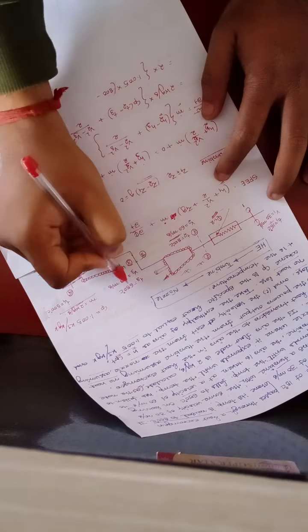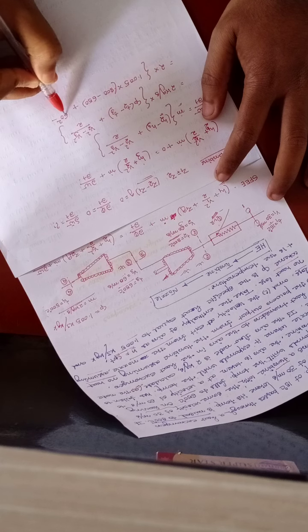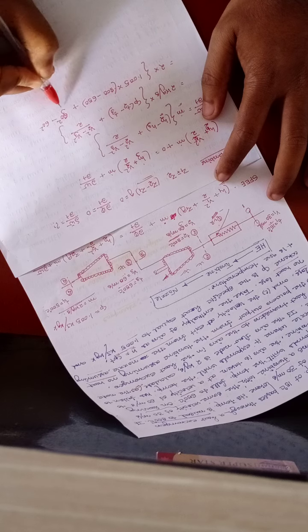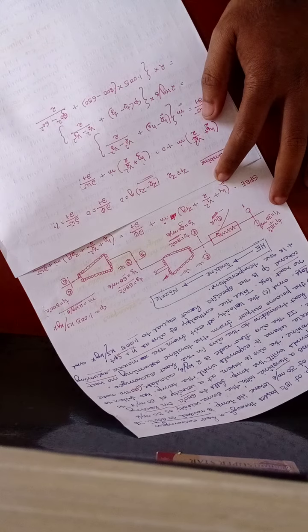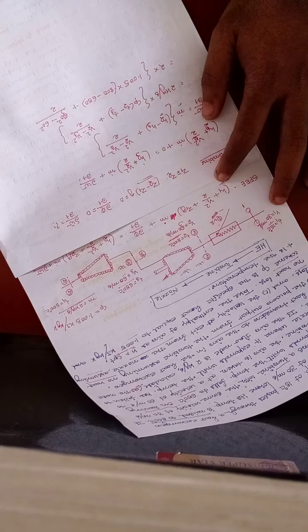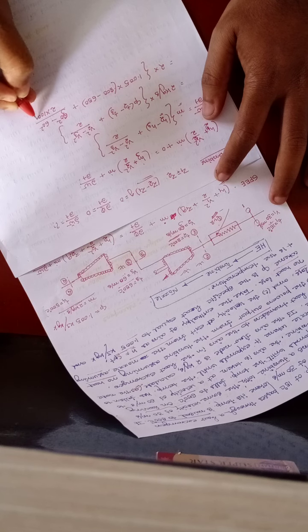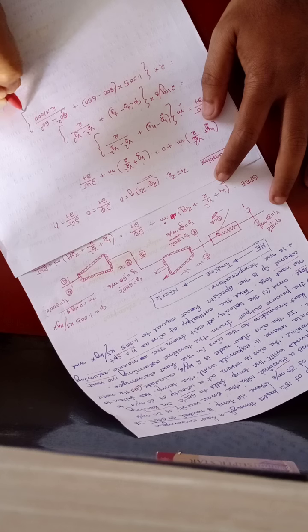Sorry, V2 is 30, because here it is written that it is leaving with 30 meter per second. It is (30 square minus 60 square) by 2. Now it will come in joule, so to make it kilojoule, we have to divide it by 1000.